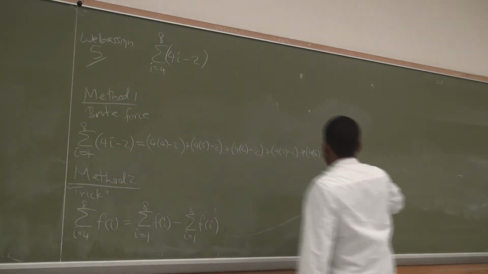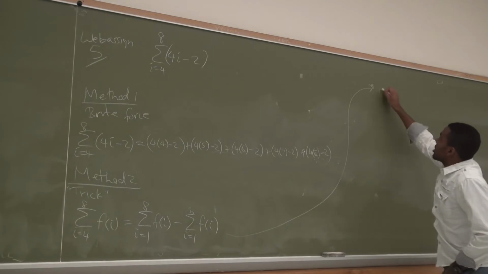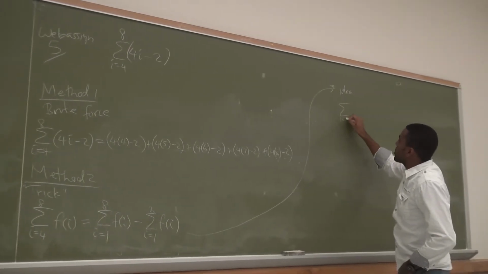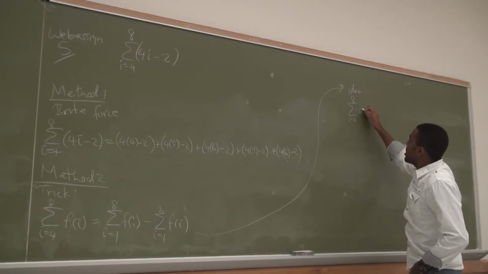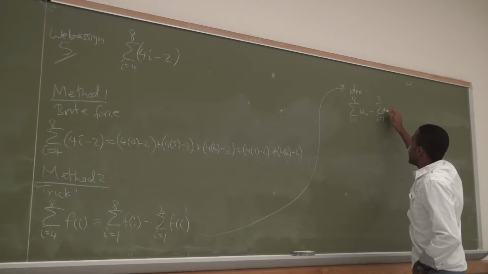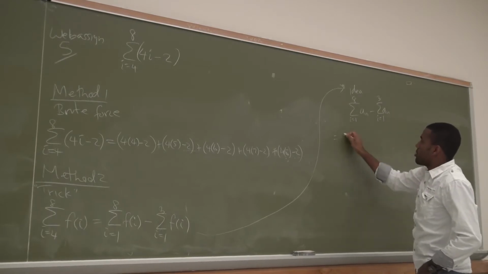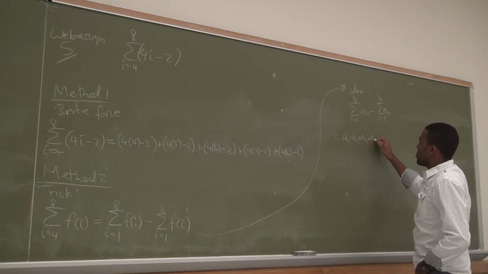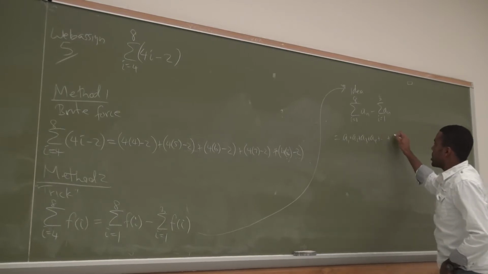So this sort of comes from the idea, if I have the sum of i goes from 1 to 8 of a_n minus the sum of i goes from 1 to 3 of a_n, then the first guy would give me a1 plus a2 plus a3 plus a4 all the way up to a8.